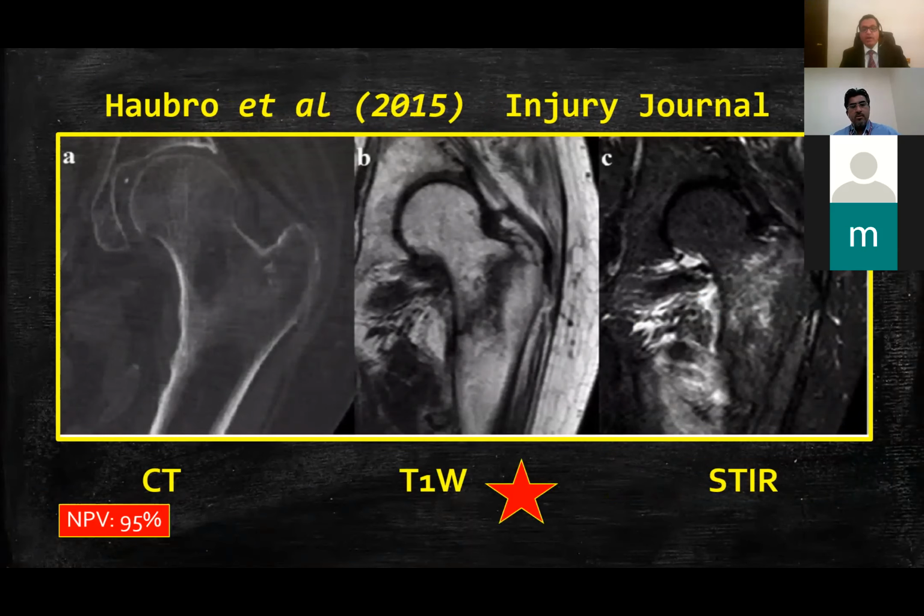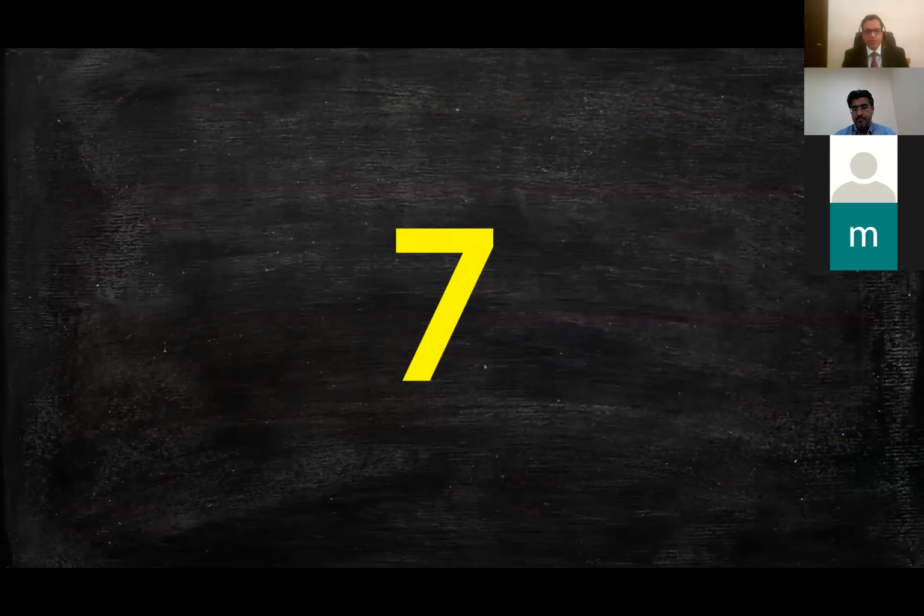In this case, I can show you right now the intertrochanteric fracture and transcervical fracture of the femur was missed by the CT scan, and was beautifully picked up by the MRI in T1-weighted and STIR images. So MRI is really good in detecting proximal femur fractures. Maybe you have a disagreement with ortho or the radiologist. This is really science. You have to do both images for the patient sometimes.